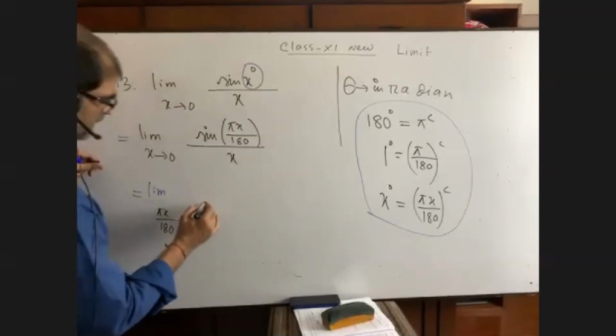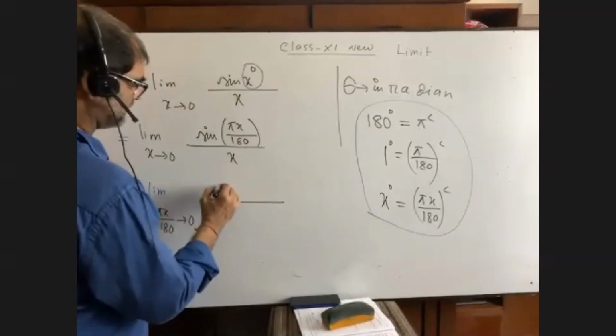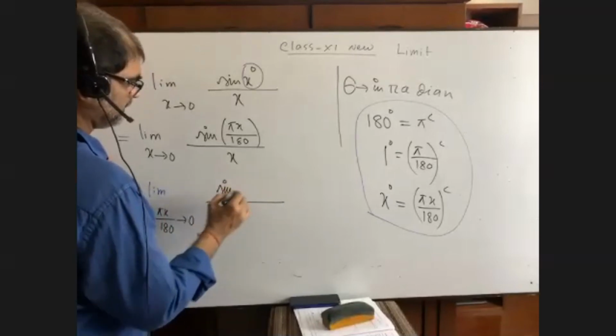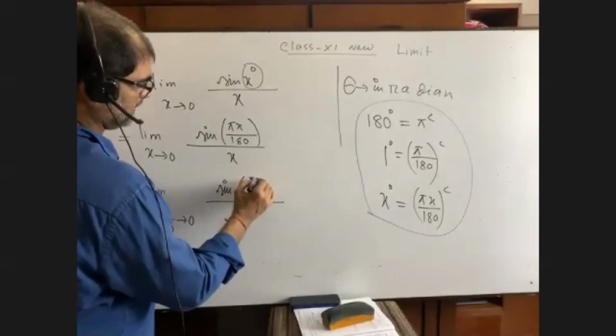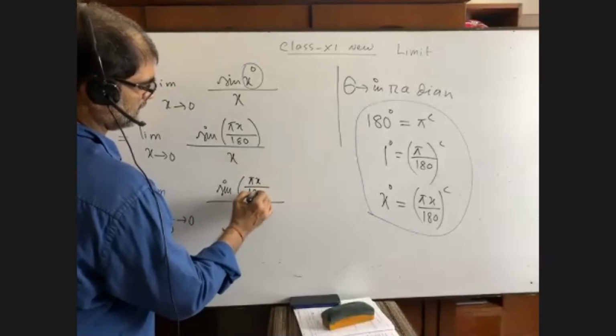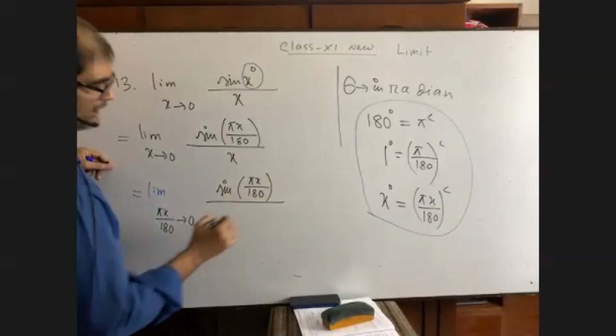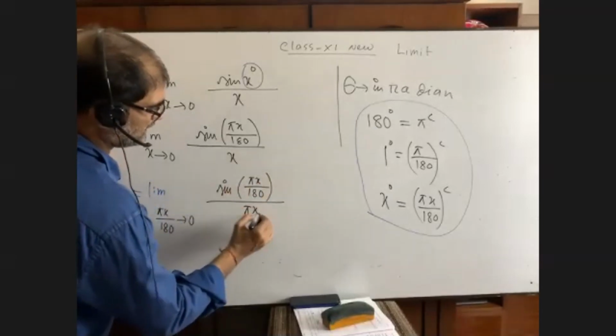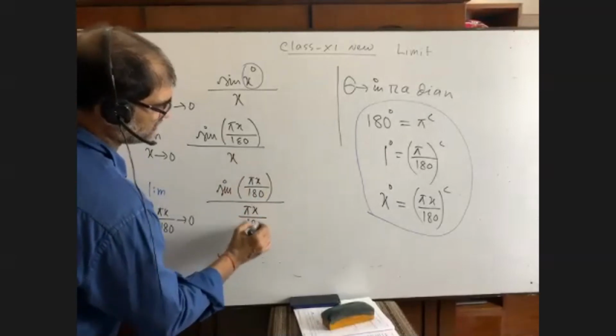So we can write sine theta by theta, with theta equal to pi x by 180.